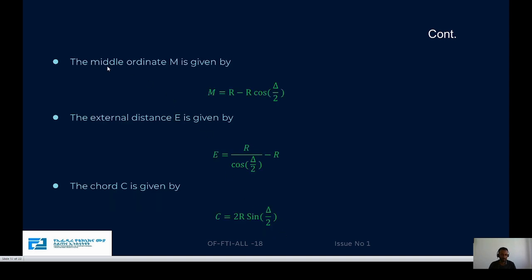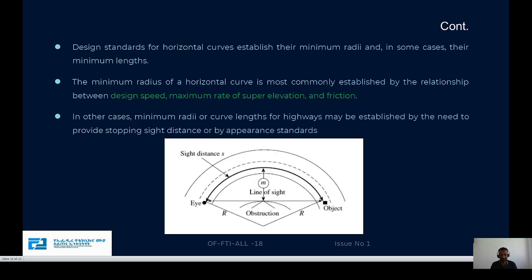The middle ordinate is r minus r cos delta over 2, and the external distance is r over cos delta over 2 minus r. Using the common r, this is r times the bracket 1 over cos delta over 2 minus 1. The shortest distance between the beginning and the end of the curve is the chord length, 2 r sine delta over 2.